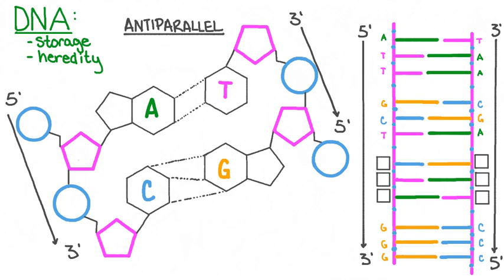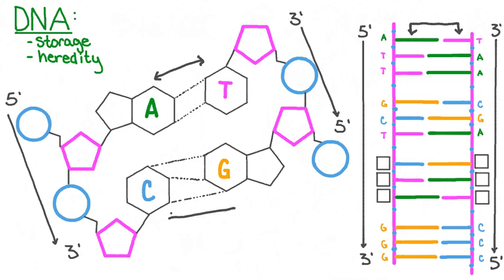The direction that we read a DNA strand in is important, since the sequence of the nucleotide bases is what determines the genetic information. Another feature of the DNA molecule is that each of the nitrogen-containing bases only bonds with a complementary match. In DNA, adenine always pairs with thymine, and cytosine always pairs with guanine.